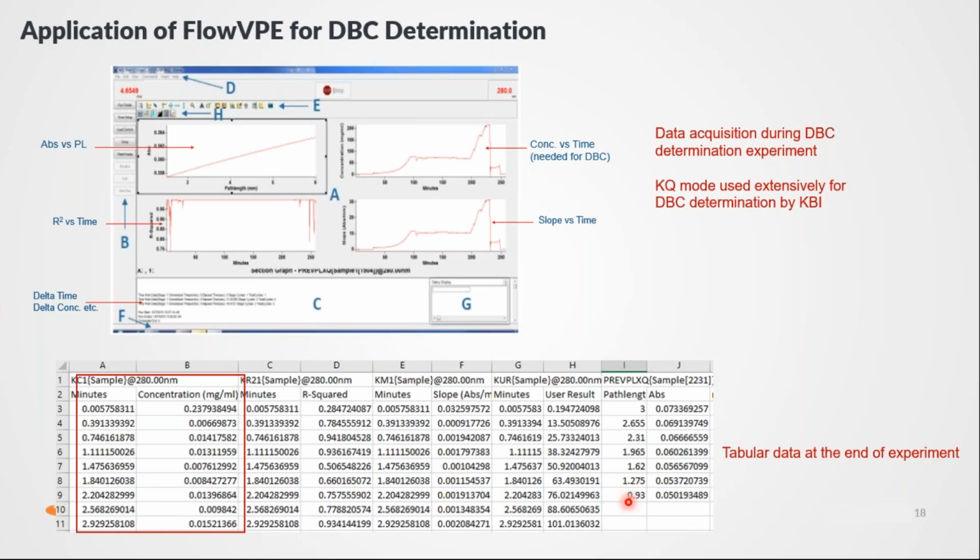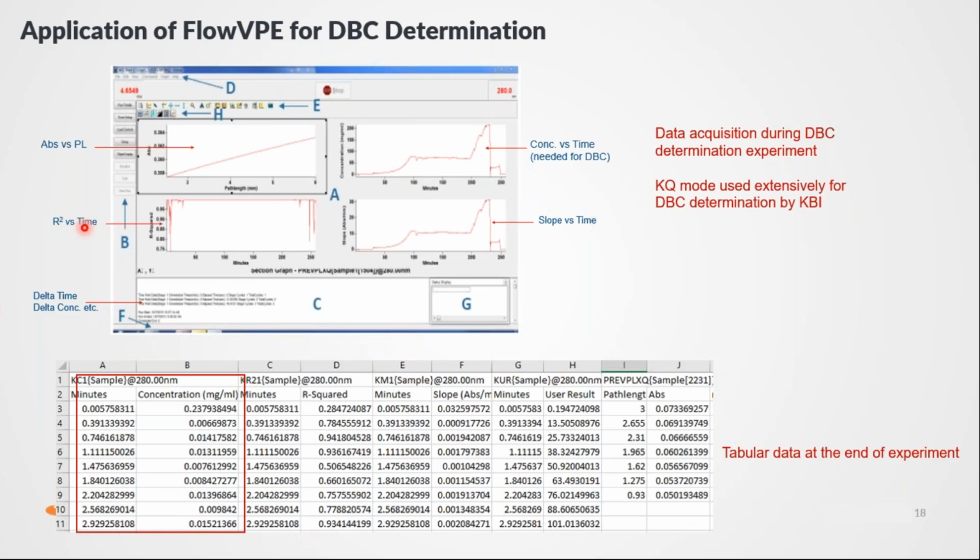While the experiment is running, there are a number of parameters which are continuously monitored. The first one is the absorbance versus path length. Since the path length is continuously changing, we can see how it is continuously tracked. Then there is concentration versus time data, which is what we use for DBC determination.